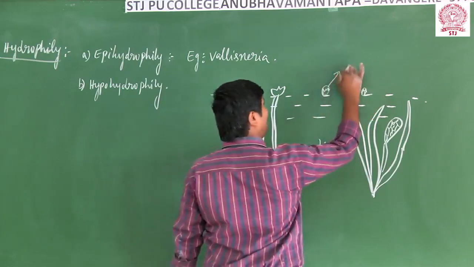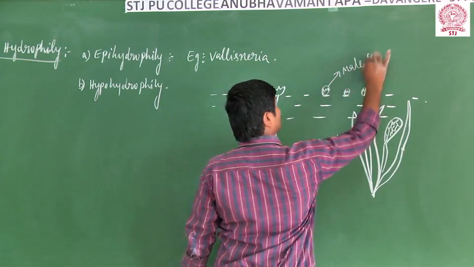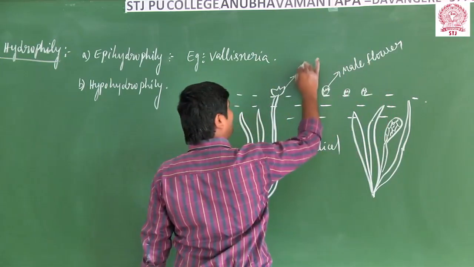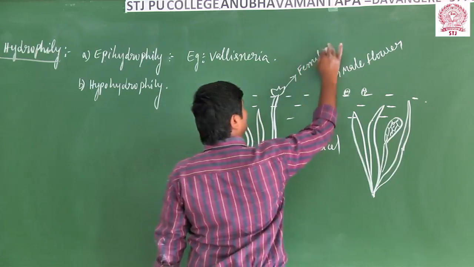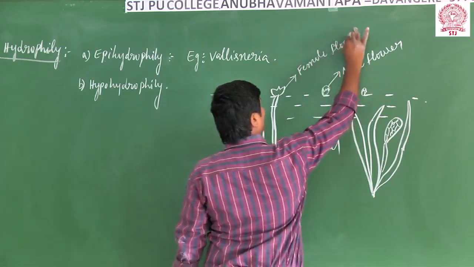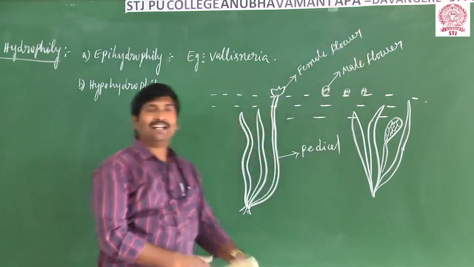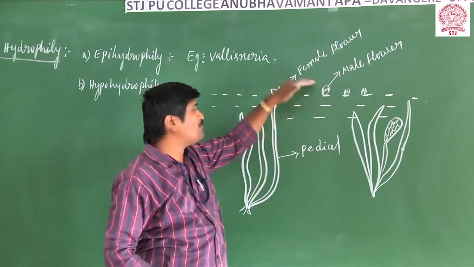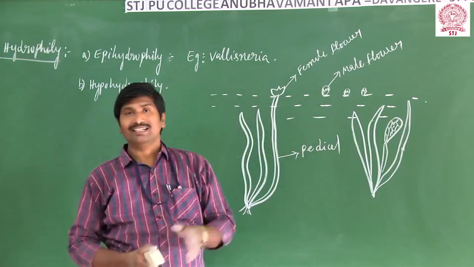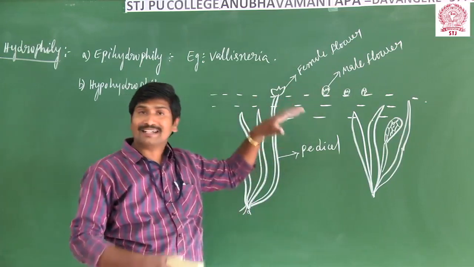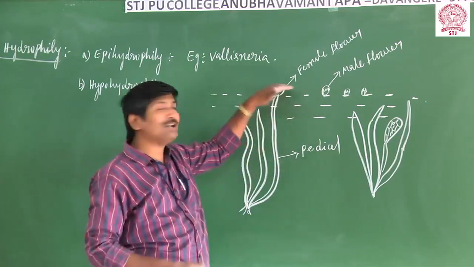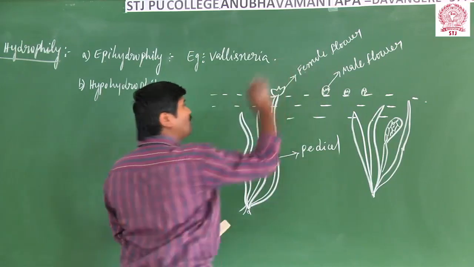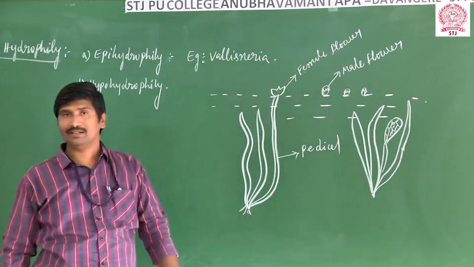These are the male flowers. It is a female flower. Finally, the male flower releases the pollen grains on the upper surface of the water. These pollen grains are carried passively on the upper surface of the water and finally reach the stigmatic lobe of the female flower.